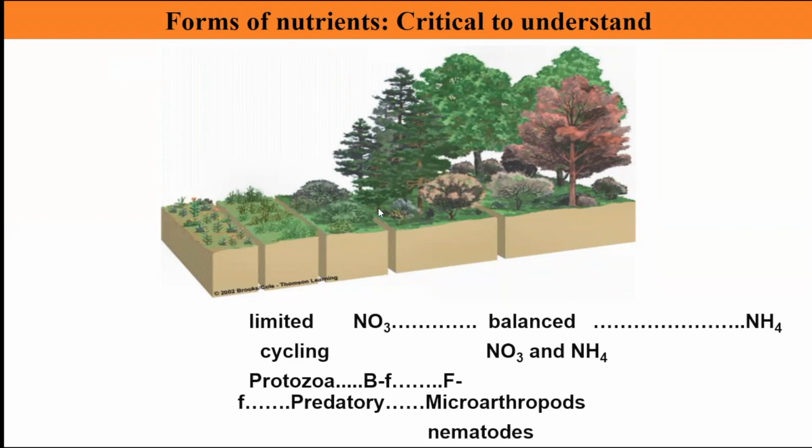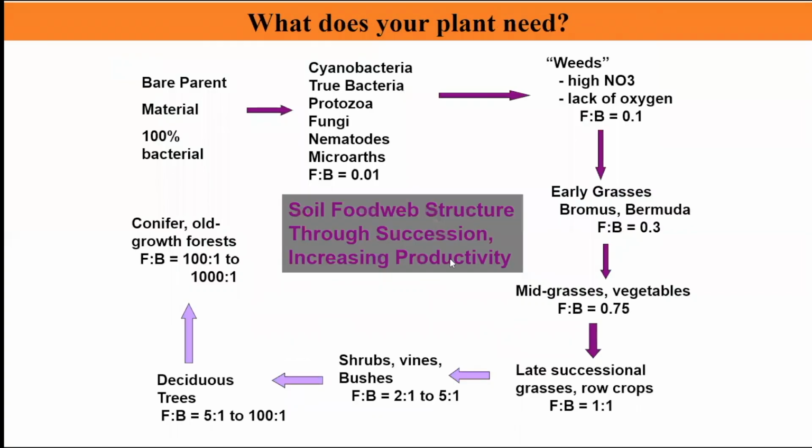Start getting more fungal. Now we drop down into slightly acid conditions, and a lot of the ammonium stays as ammonium and does not get converted into nitrate. Keep going, more and more and more and more fungal. Almost the only thing you find in these late successional forest systems is going to be ammonium. There's almost no nitrate. So biology controls all of this. It's not the other way around.